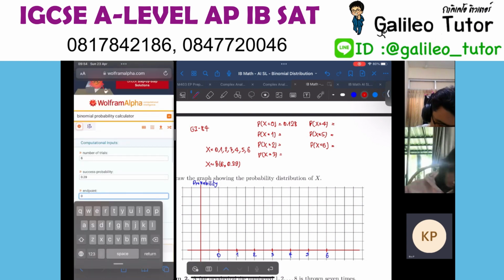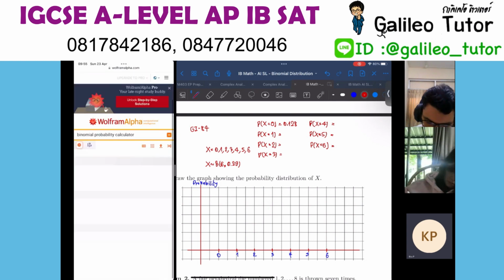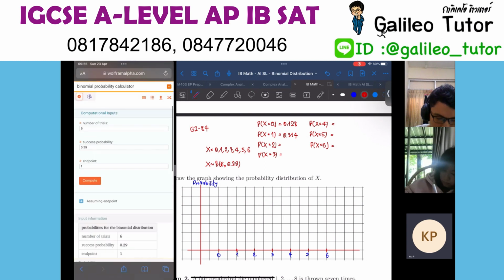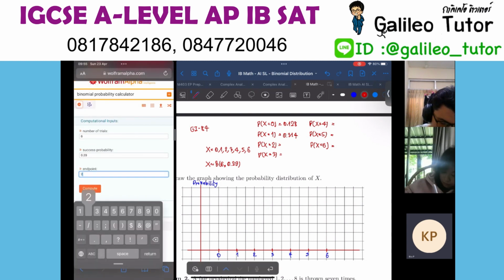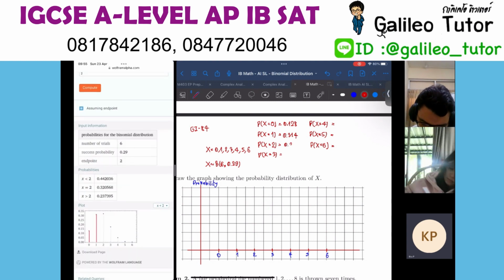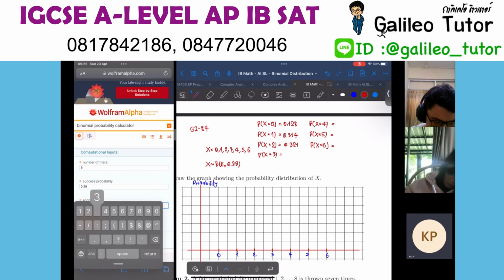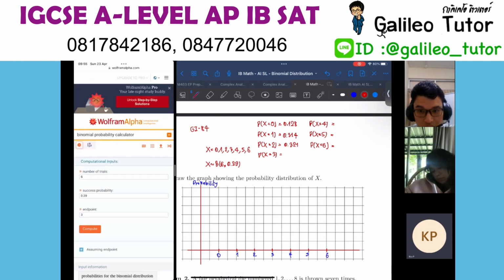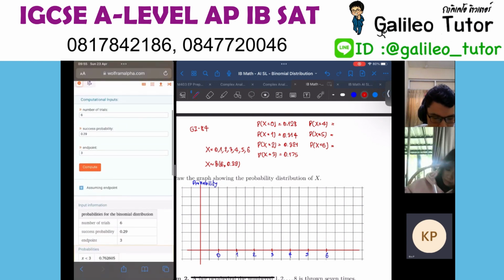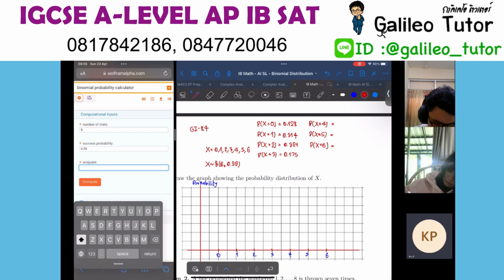When x is 1, the probability is going to be 0.314. When x is 2, the probability is 0.321. When x is 3, the probability is 0.175.